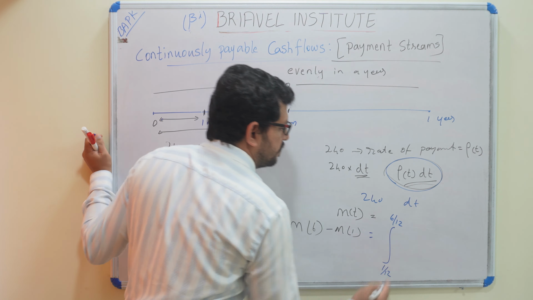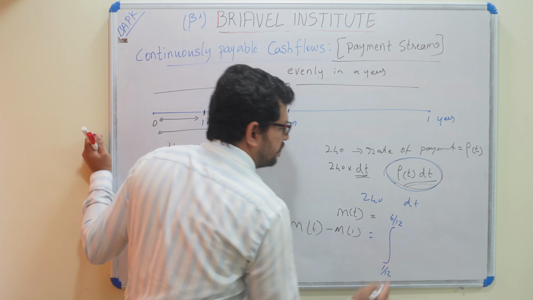The rate of payment is represented by 100 plus 25t.